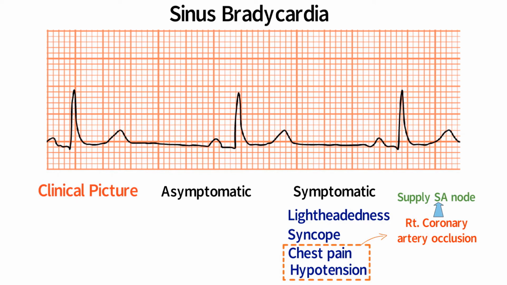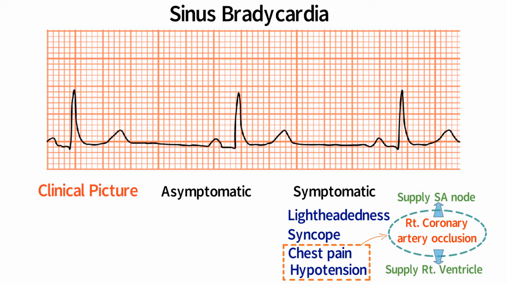And when you look at a patient with chest pain and sinus bradycardia, or hypotension and sinus bradycardia, you should expect right coronary artery occlusion. And the hypotension happens because the right coronary artery that supplies the SA node also supplies the right ventricle.